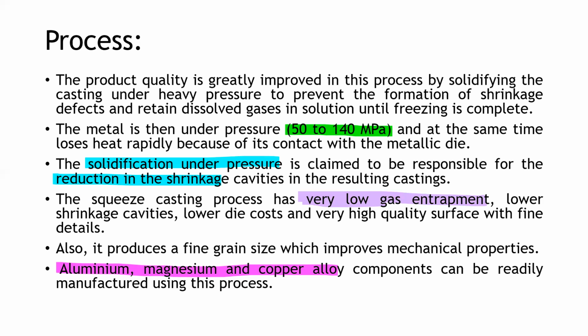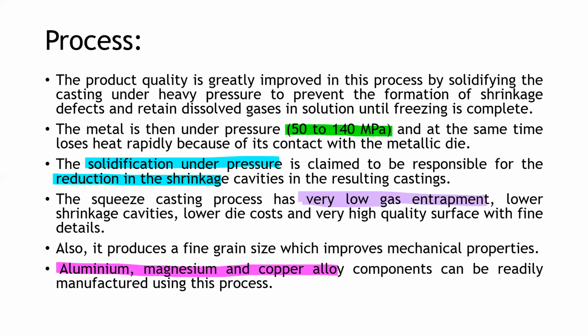The main reason for going for permanent mold casting is to have a good quality surface, because a good quality surface is not possible with the sand casting process. A high surface finish can be obtained through the die casting process or the permanent mold process, because in the permanent mold process we use metallic dies, which normally have a good surface finish.